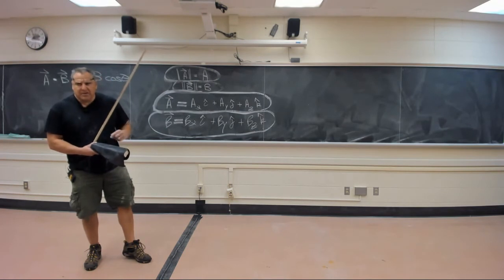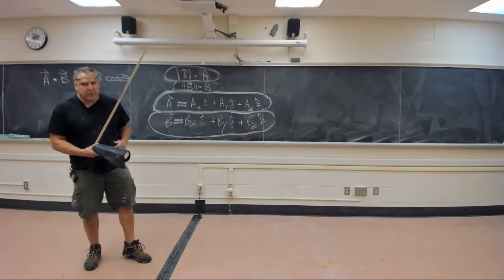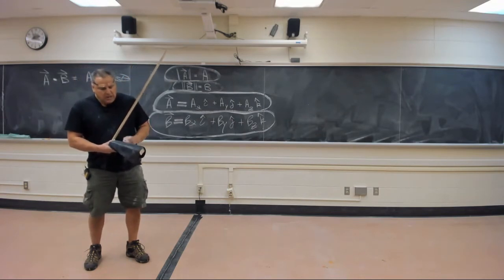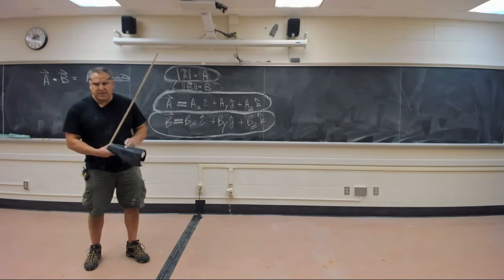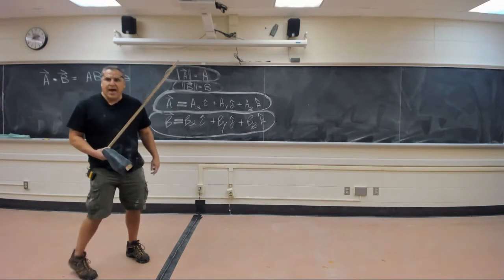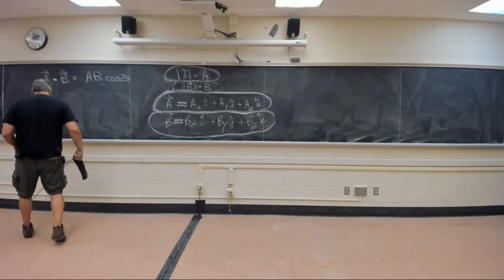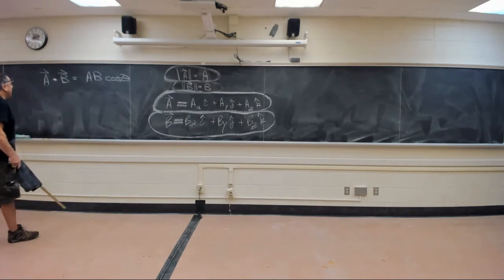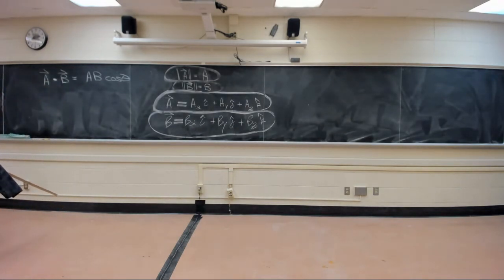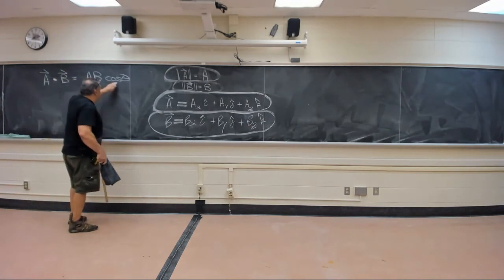They're all the same. This is a 60-degree angle. The cosine of 60 degrees is 0.5 times 3 times 10. 3 times 10 is 30, times 0.5 is 15. That's the dot product. It's A times B times the cosine of theta.